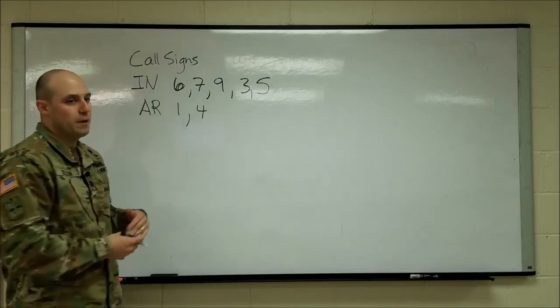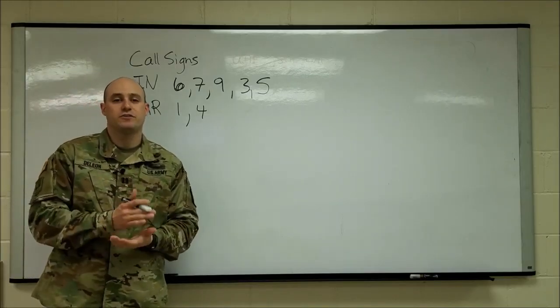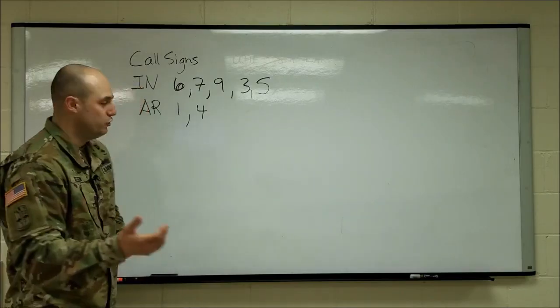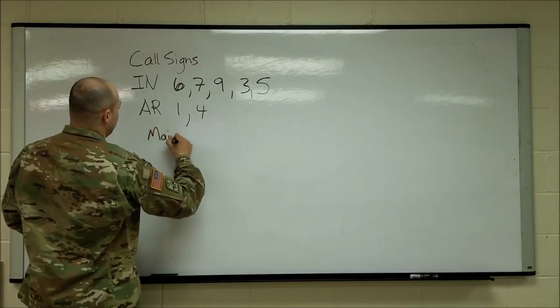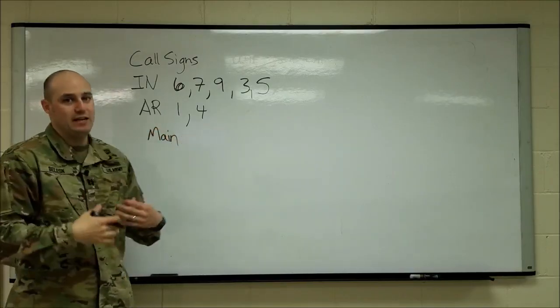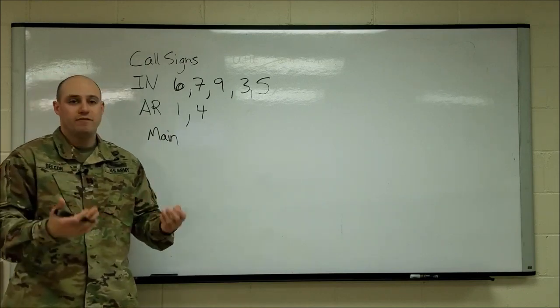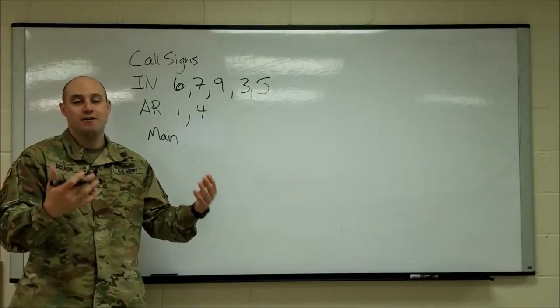All right, the other call signs I want to mention are call signs for command nodes. A TOC, a Tactical Operations Center, is usually called main. That's its call sign, and main is essentially representing the commander in some way. If I'm calling for Hawk main, I'm calling for the Hawk command node.